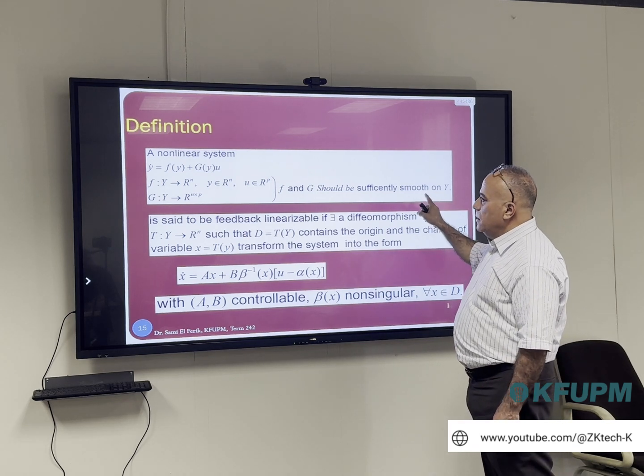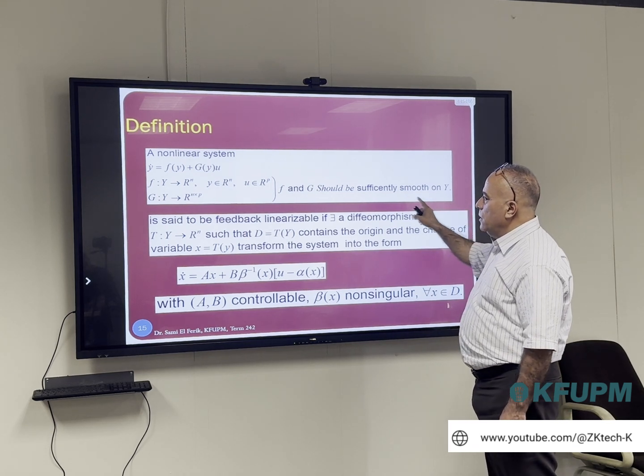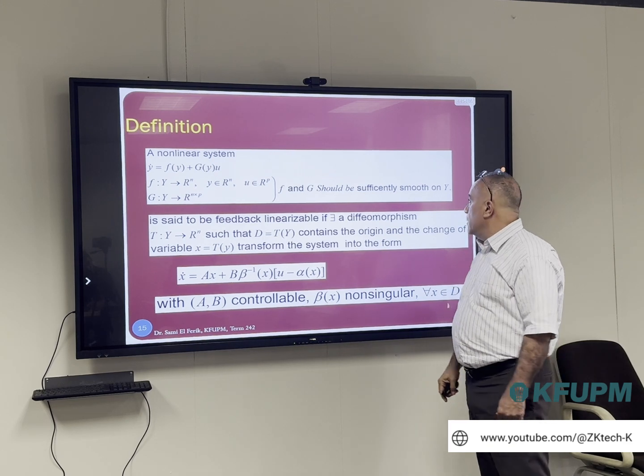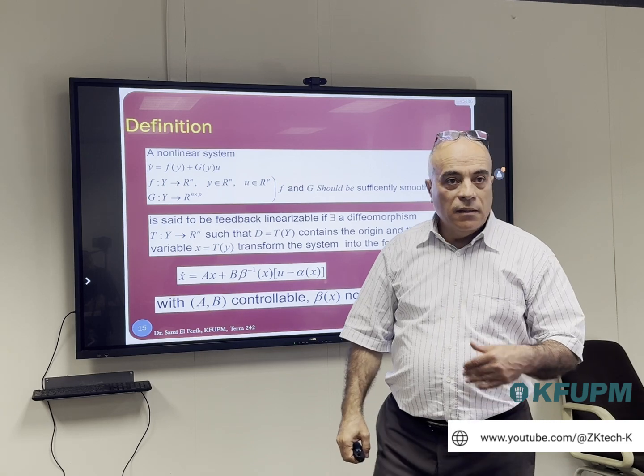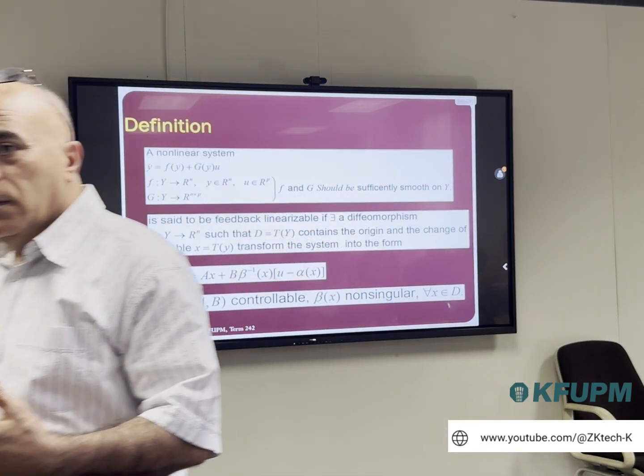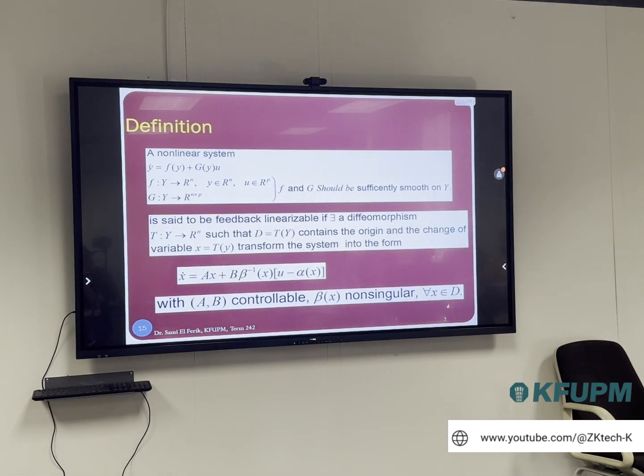What we are saying here is that one of the conditions is that F and G should be sufficiently smooth on Y. Sufficiently smooth on Y means the derivatives of these systems are smooth to the degree that we want, right? So we derive first degree, second degree, third degree, up to n minus 1, which is the degree of the system here.